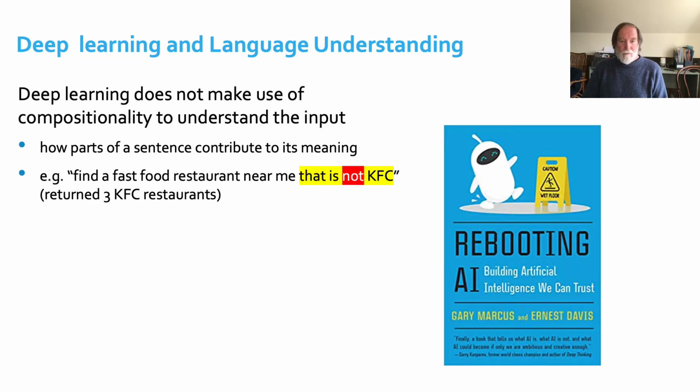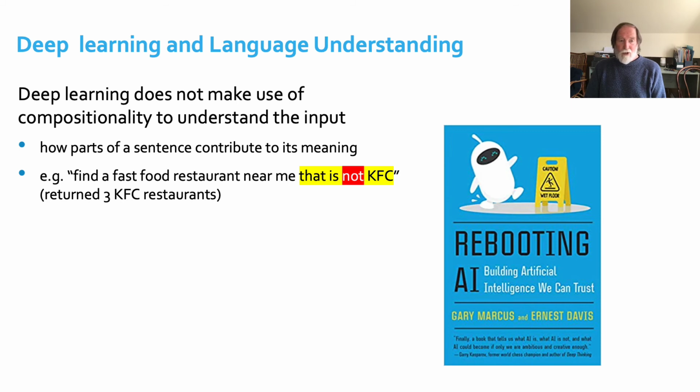A recent book by Gary Marcus and Ernest Davis has looked at deep learning in relation to issues such as language understanding, and a point that they make is that deep learning does not make use of compositionality to understand input. Compositionality refers to how the parts of a sentence contribute to its meaning. So it's not really sufficient just to take the keywords in the input, such as in this example, fast food restaurant, near me, and KFC.